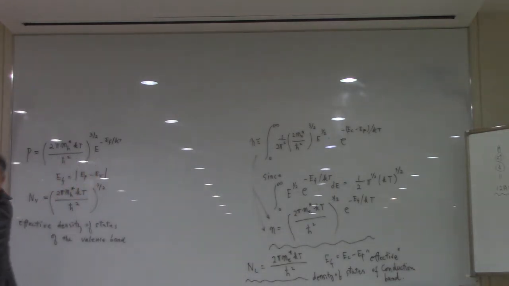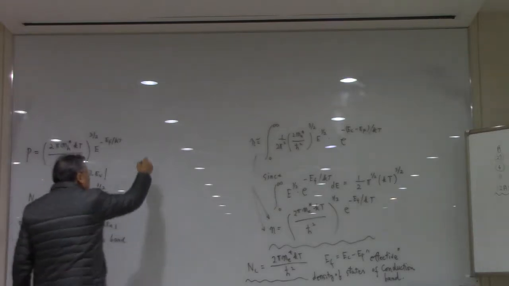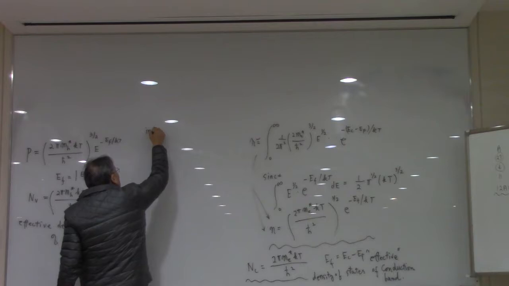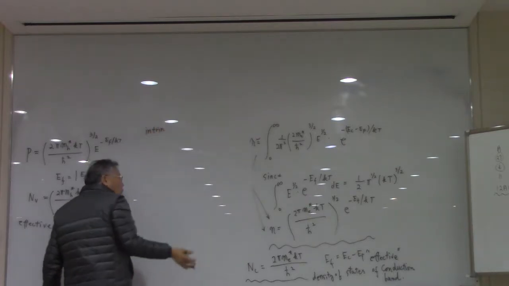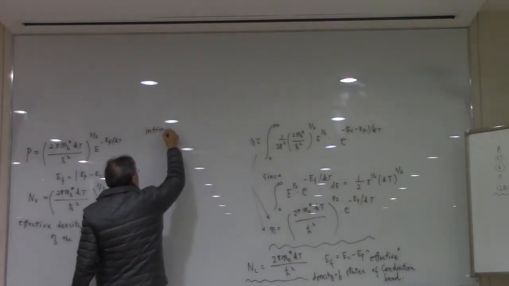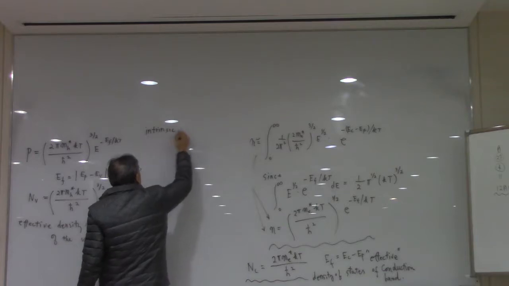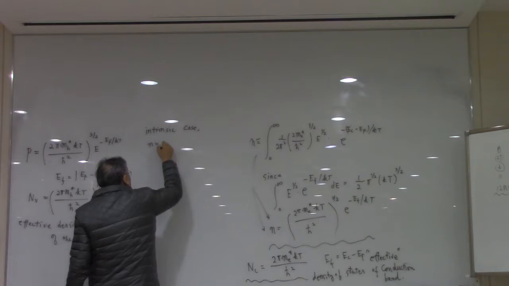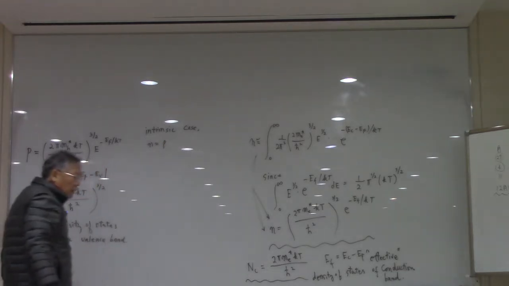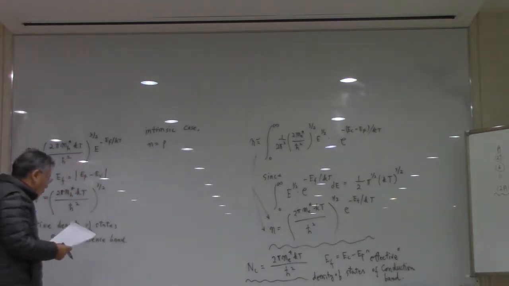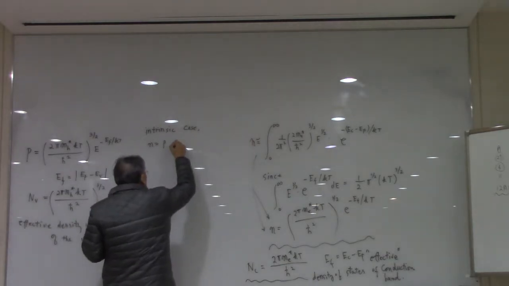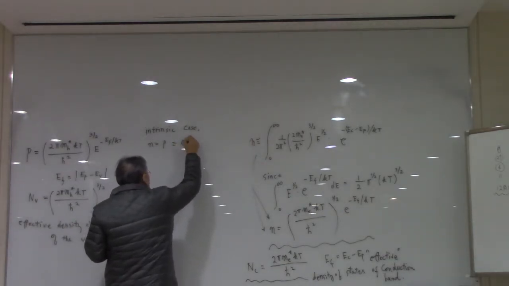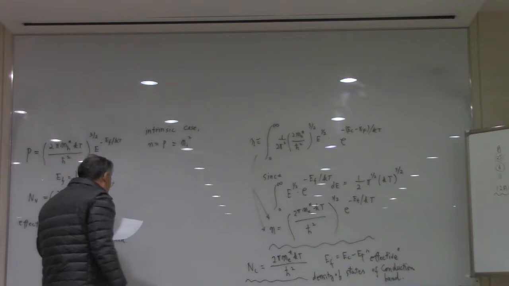Now, if your semiconductor is intrinsic, in other words, it's a pure material, intrinsic case, N is equal to P. N has to be equal to the holes, and that is the intrinsic carrier number square.